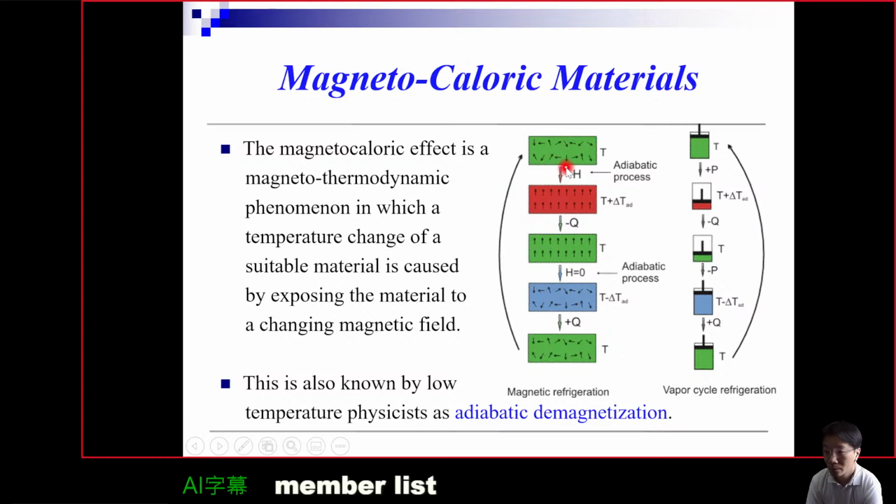So the only way to change its temperature is by applying a magnetic field. For that principle, I'll write on the whiteboard. When we apply a magnetic field and align its spins, its entropy decreases. Therefore, its temperature will rise, becoming T plus delta T.